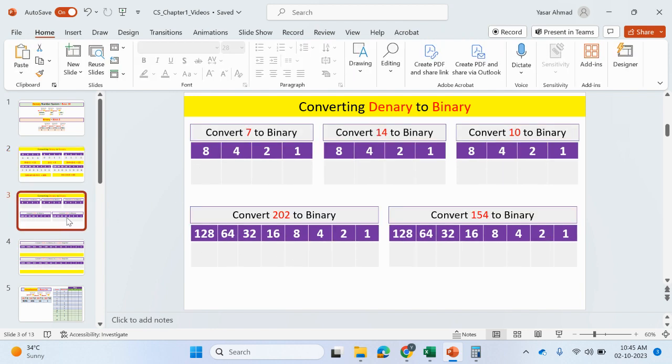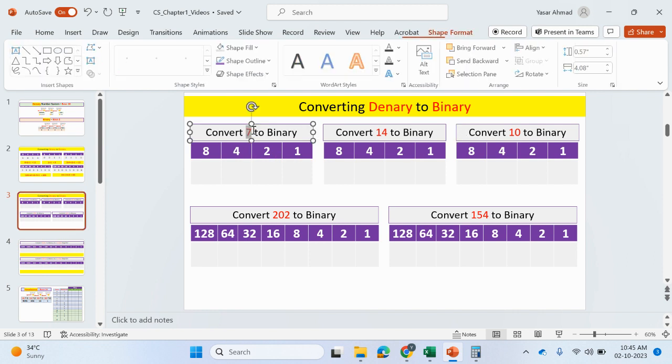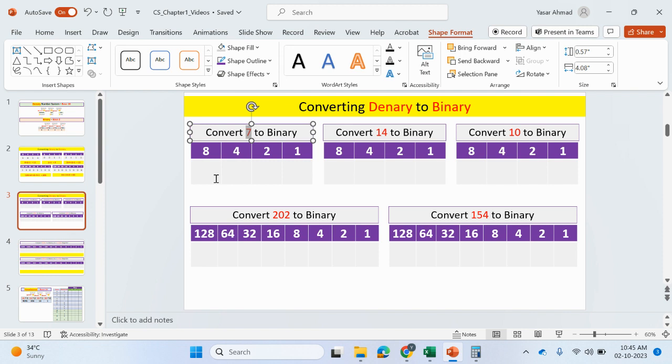Let's have a look at converting denary to binary. We're basically doing the opposite now. We have this number here, and we need to convert it into binary.